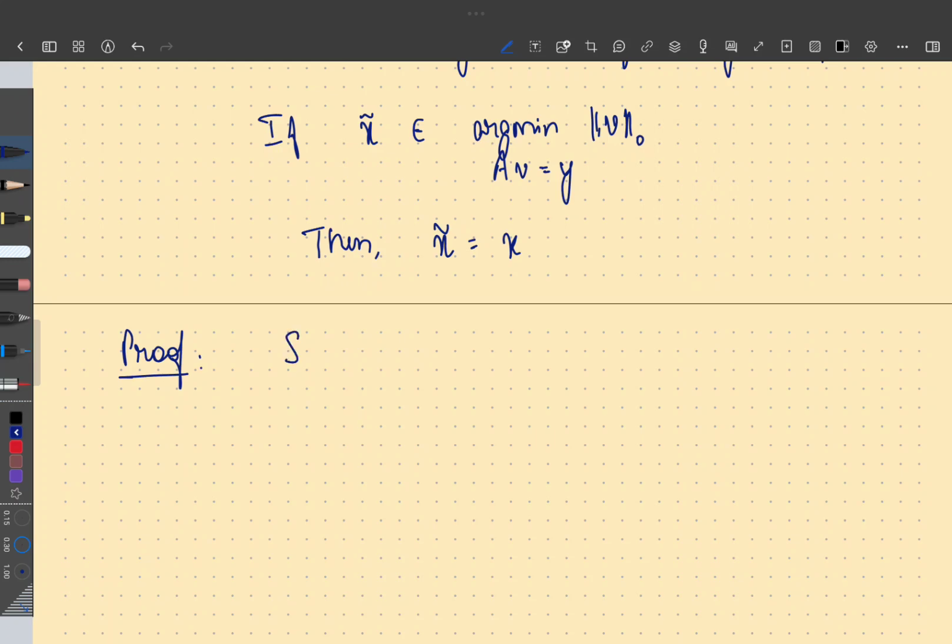Suppose, for the sake of argument, that x tilde is not equal to x. We want to eventually arrive at a contradiction.